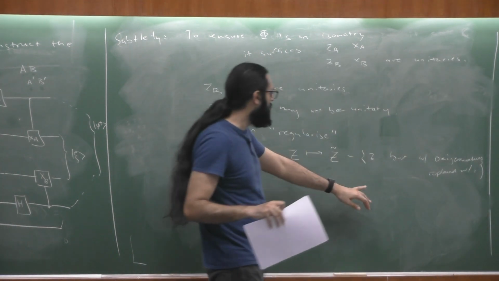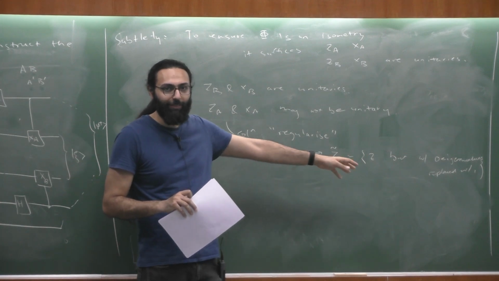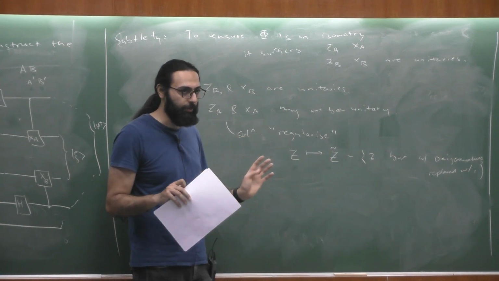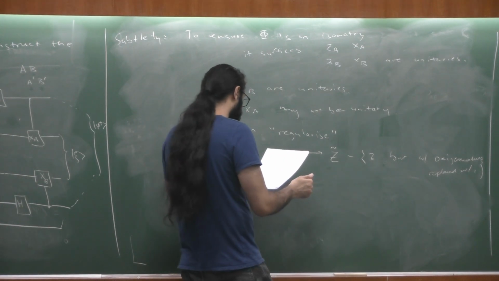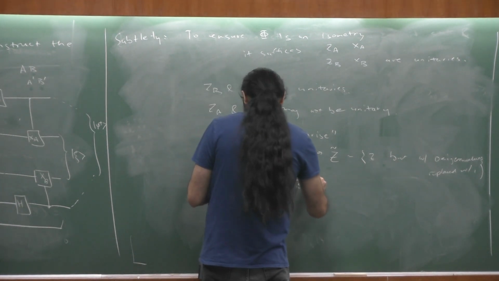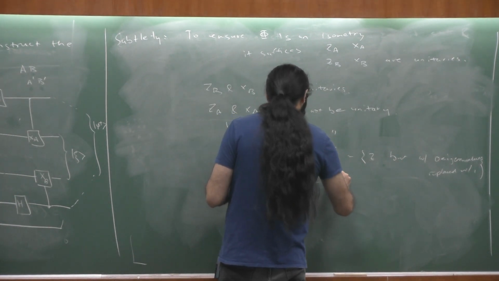The main issue is that of course Z could have 0 eigenvalues, and that's when it becomes non-invertible. So they define Z tilde, which is the same as Z but you remove the 0 eigenvalues, and then you define Z hat to be the normalized version of Z tilde.